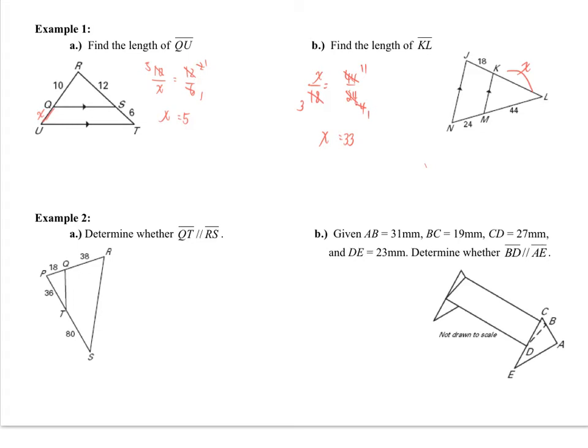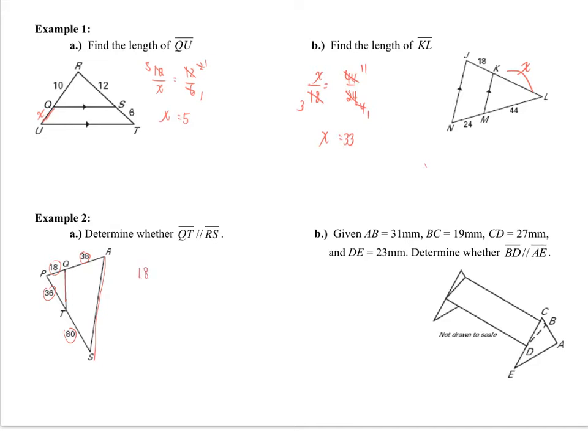Example 2. Determine whether segment QT is parallel to segment RS. Well, we need to check if the sides are proportional.